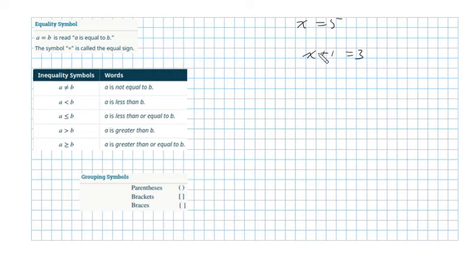Now there's one other symbol that is related to this one that I want to introduce here, and we'll see it again later on. Let's suppose I have 2x plus 1 like this, and then I say, well, that's equal to 2x plus 2. Now notice if you make x 0, you have 2 on this side and 2 on this side.